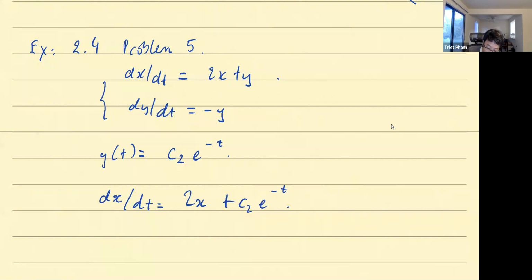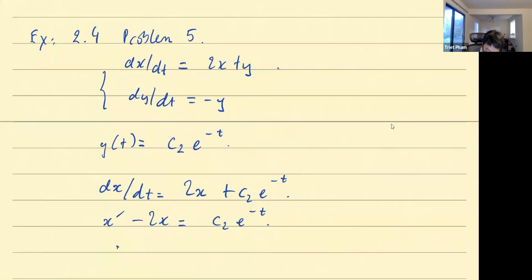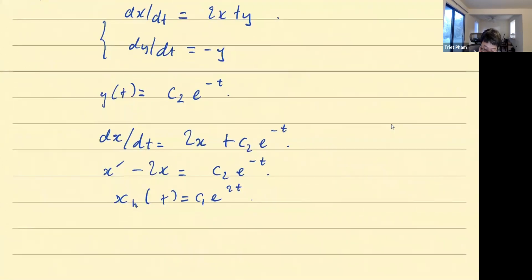So let's just solve it. Here you got x prime minus 2x is C2 e to the minus t. So the homogeneous solution is e to 2t, C1. And then you guess xp of t is a constant times e to the minus t.